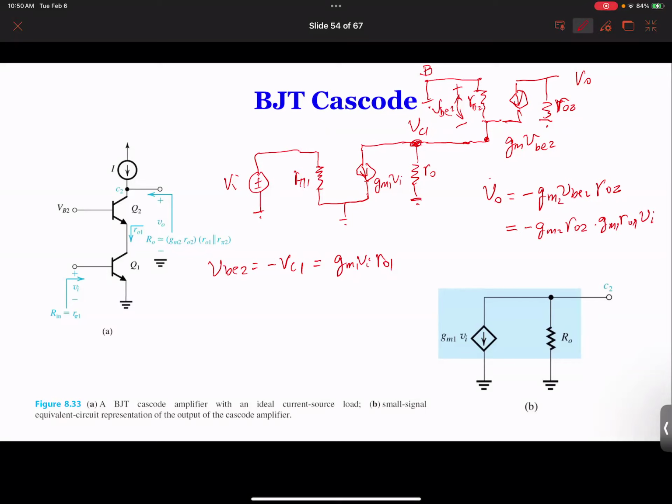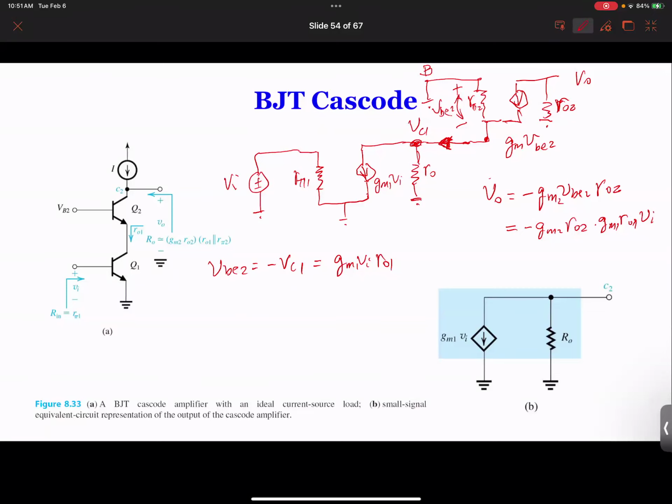There's not much difference, but the only thing is that when we calculated this VC1, we assumed the current here is going to be 0. But in fact, that current is not going to be 0.